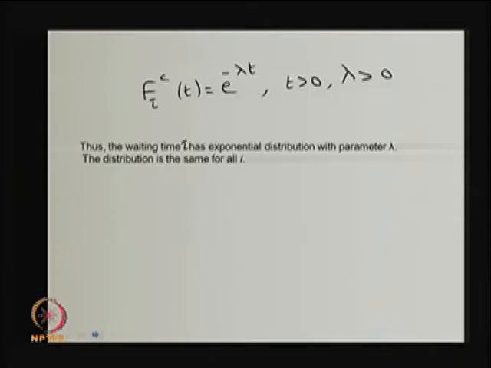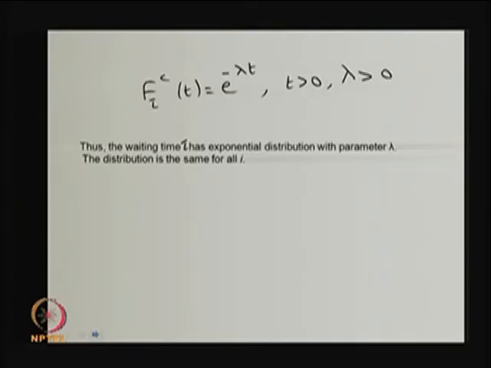If you substitute the function e power minus lambda t, the previous equation is satisfied, as long as the function is of the form e power minus lambda t for lambda greater than 0 and t greater than 0.